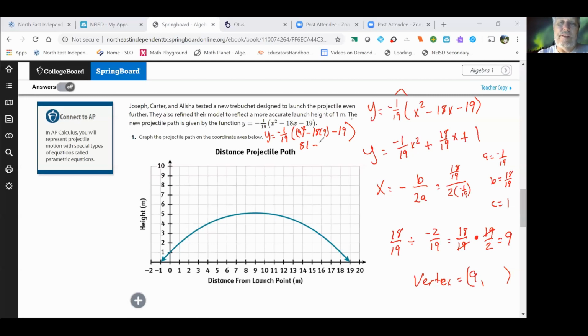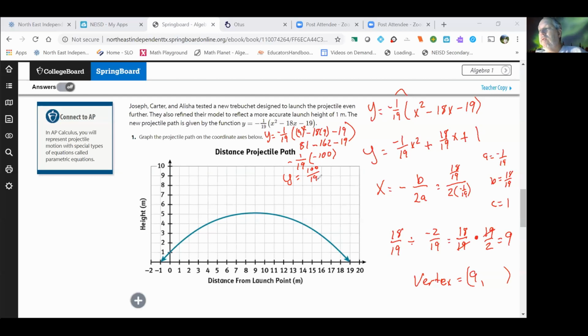That's going to be 162 minus 19. And of course, we can add those together. It's -100. So that's going to be -1/19 times -100. So y is going to be positive, so I'm multiplying 100/19.